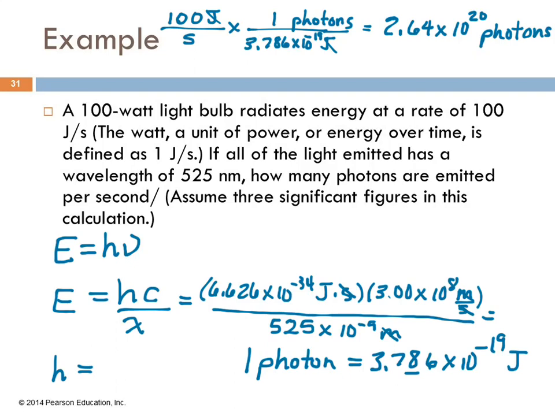If a photon is a tiny piece of light, and this light is strong enough that you can see it, there must be a lot of photons, right? Does that make sense? It should be a big number. If you do a calculation like this and you come up with 10 to the minus 20th photons, that would be silly, wouldn't it? In a whole second of this bright light bulb, less than 1 photon of light, that wouldn't make any sense. Any questions about this calculation?